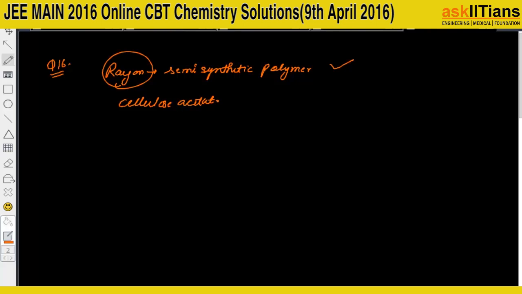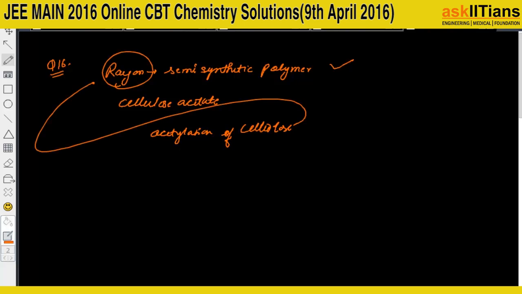That means whenever you do the acetylation of cellulose, you will get rayon. So the reason referred here is the correct one. Moreover, once we do the acetylation of cellulose, we can say that the properties will become better. Now the reasoning for this is mechanical and aesthetic properties of cellulose can be improved by acetylation.